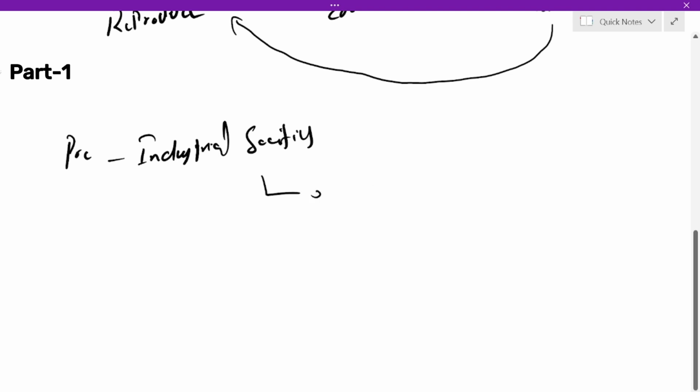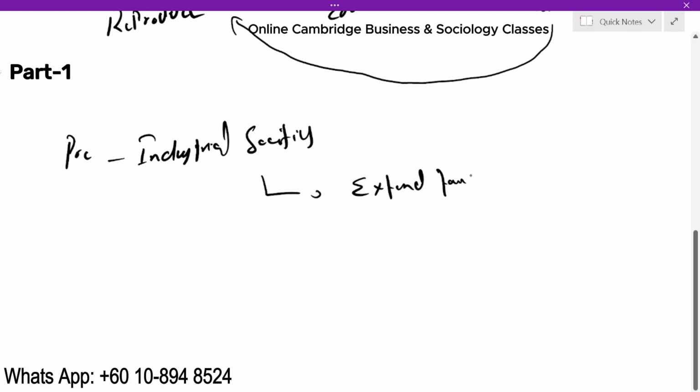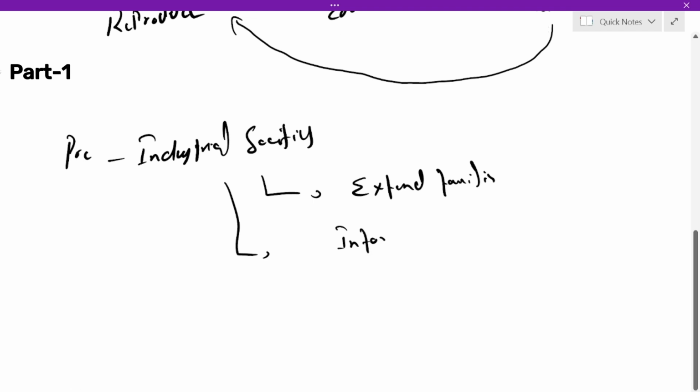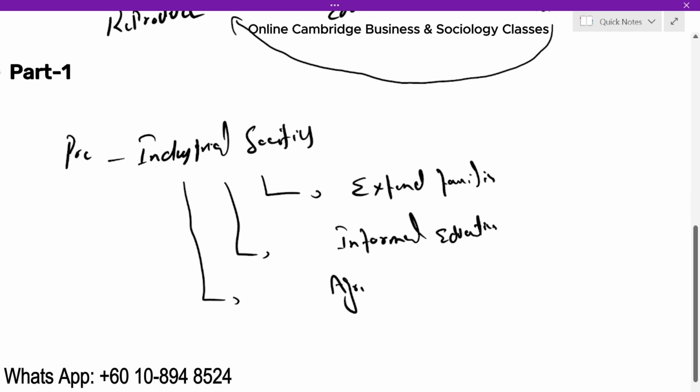If I talk about the pre-industrial society, in the pre-industrial society there were extended families, and education was informal. Societies were agriculture dominant.